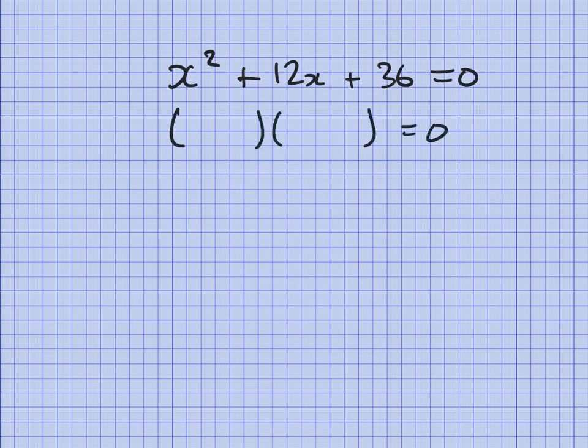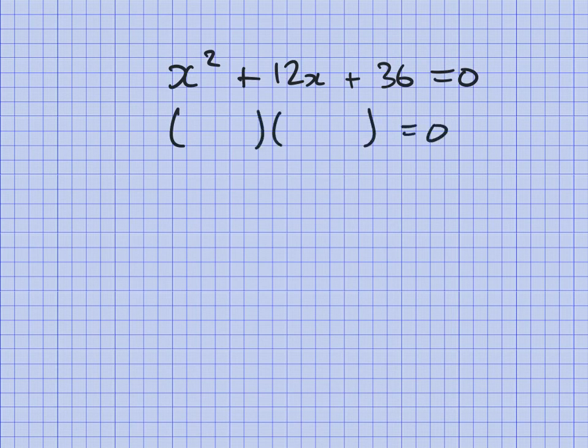A final example, which just brings up a little something different. In the previous ones we've seen there have been two answers. That's acceptable. Sometimes we get a repeated answer. For example, x squared plus 12x plus 36 equals 0. So I need to put this into brackets to get the solution.